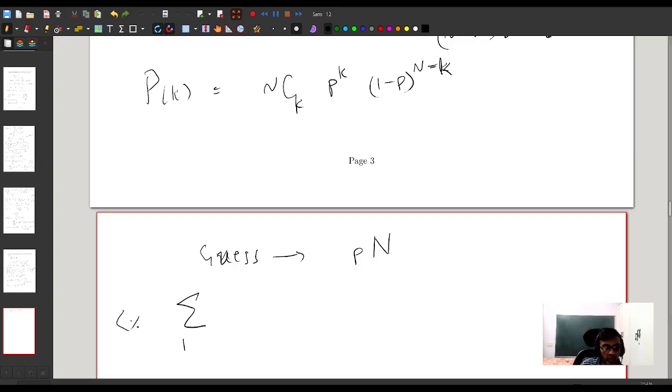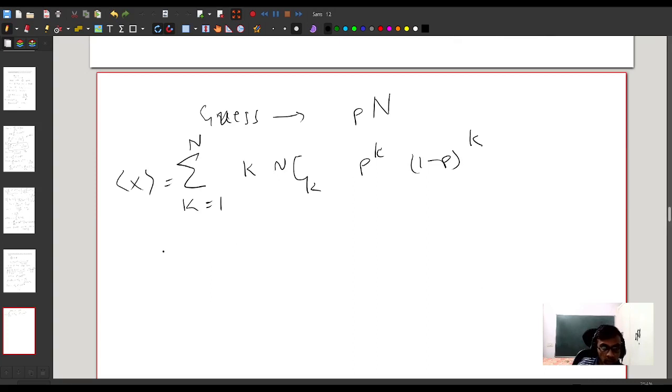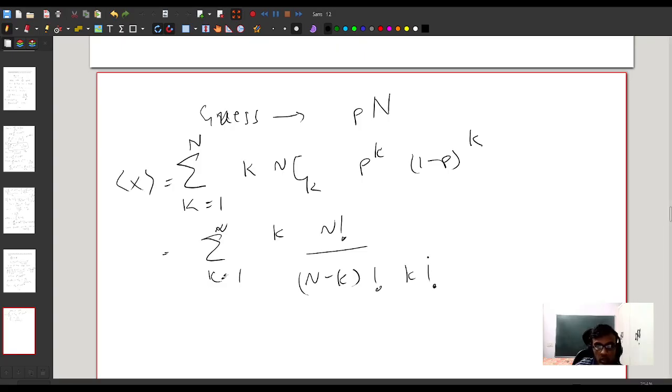The expectation value of x, the mean of this probability distribution, is this. So that is going to be this.